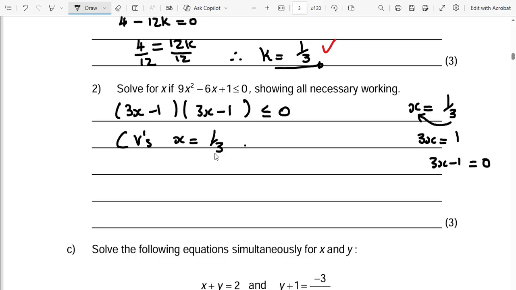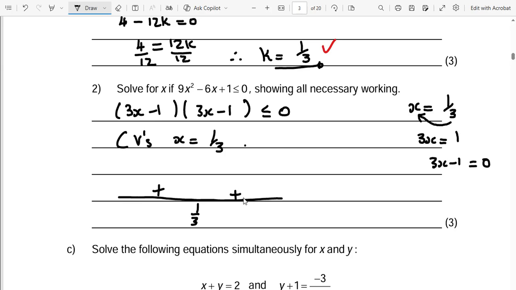So, ladies and gents, you don't have to do an inequality part where you say x must be less than this, x must be greater than that. Because if you look at this question, when you draw the number line, this is your 1 over 3. If we choose any number, let's say 0, going this side, and substitute 0, we can see that it's going to be minus 1 times minus 1, which is positive this side, meaning even the other side will be positive.